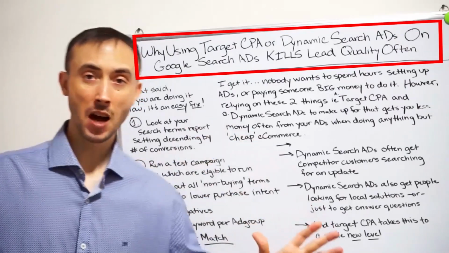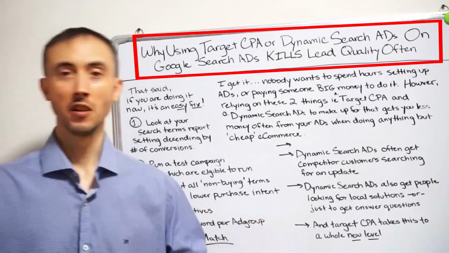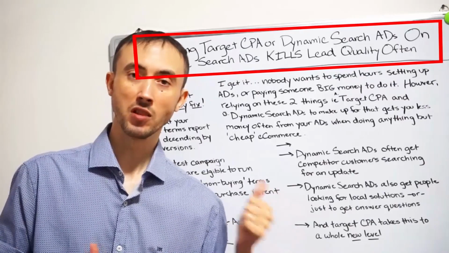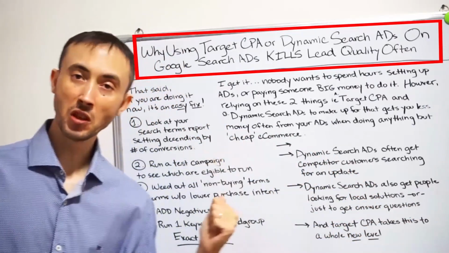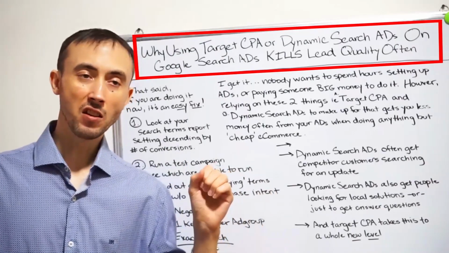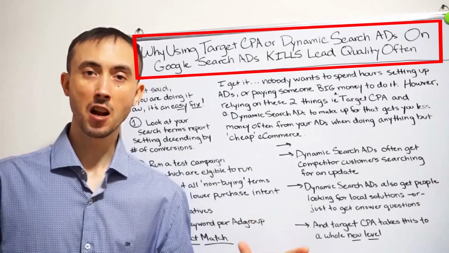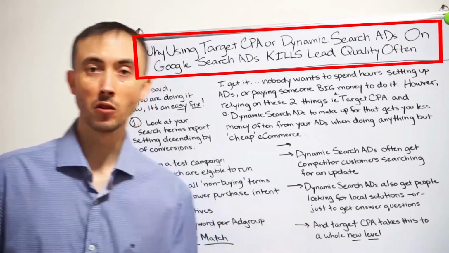I'm just saying there's a better option that I always go with. If you want better results, who doesn't? By the end of this video you'll have options you can use right now. If you're using these now, I'll tell you how to immediately get more results. And if you're just considering it, now you'll know there are better options.